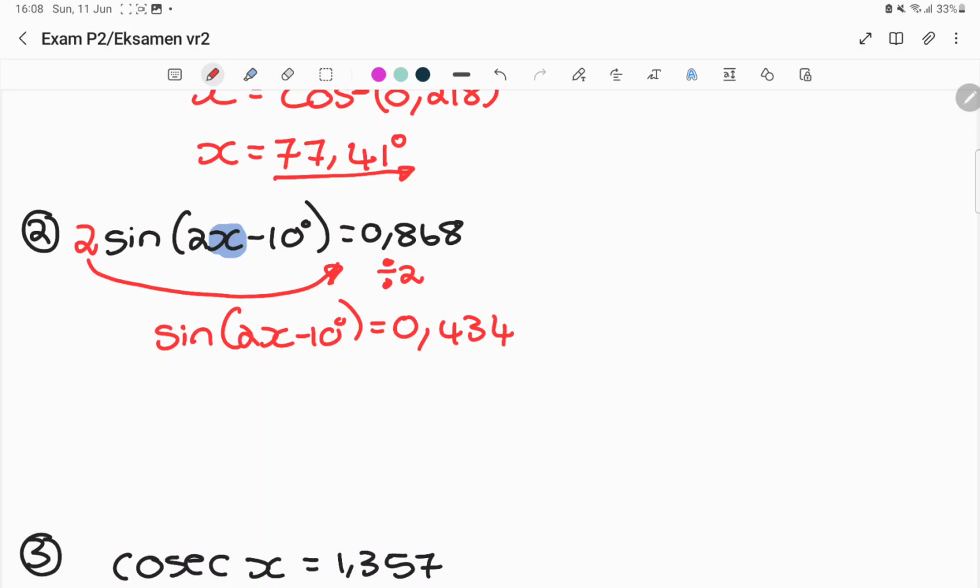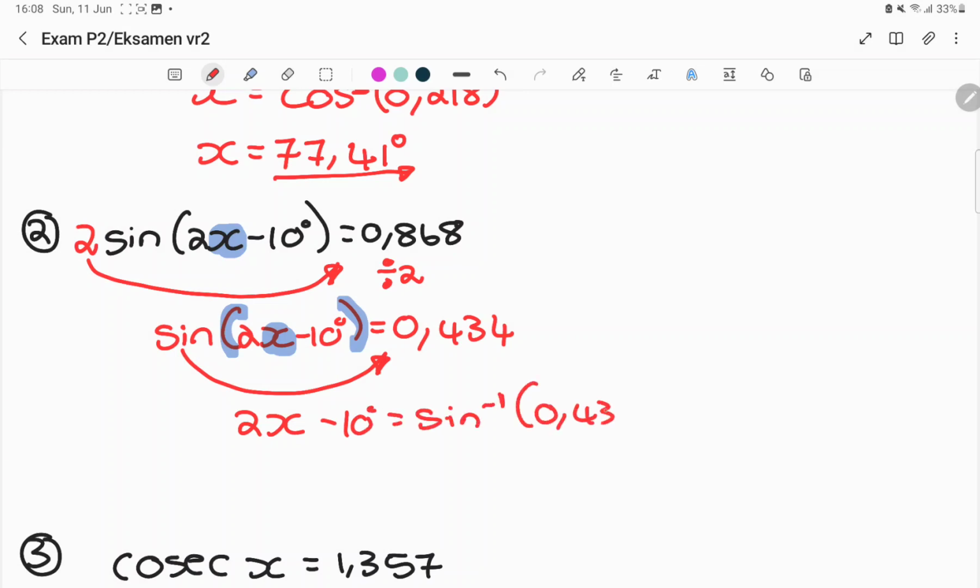0,434. Now the next thing I can take over, remember that -10 is in my bracket, so I cannot remove the bracket while there is still a sign. So I'm going to take over my sign, and I'm going to get the inverse of sign, which is sign -1.